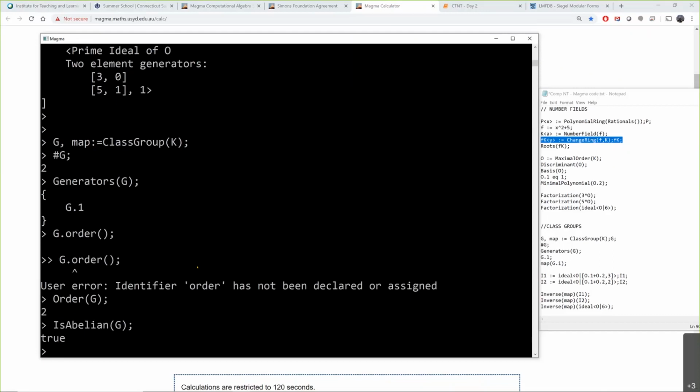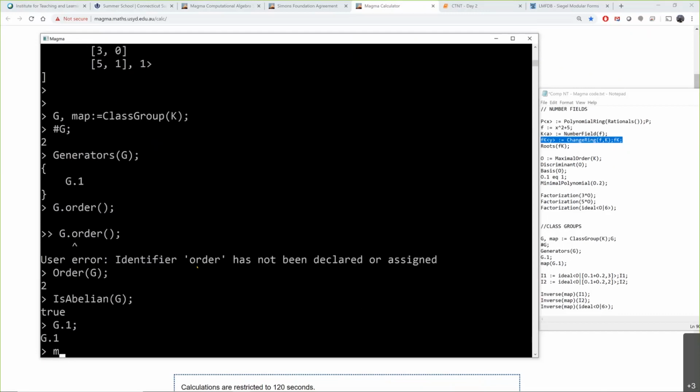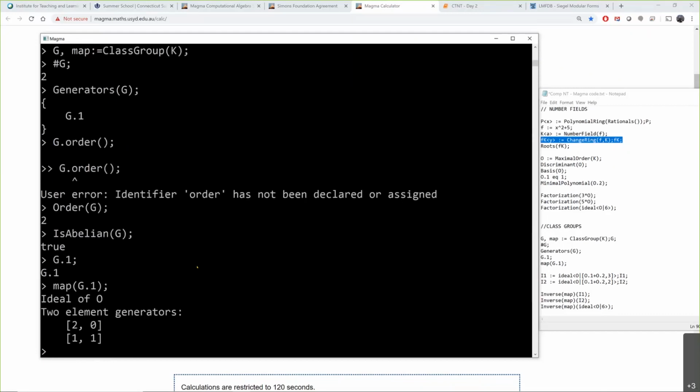All right, so remember, I have G1, but if I use my map that came from that command in Magma, the second output of that command, now it gives me an ideal of O, which is an ideal generated by 2 elements. So let's call it something. By the way, if I call this ideal I, that's the previous output.